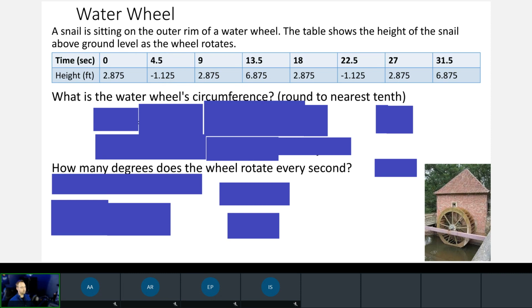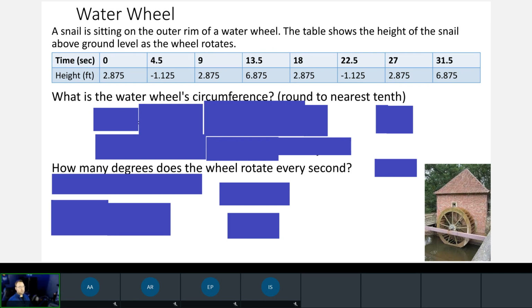The way they took this sine wave and put it into this word problem doesn't really make sense to the situation, in my opinion. But you're given a table of values like this problem here, and then it asks you some questions about it. So, yeah.